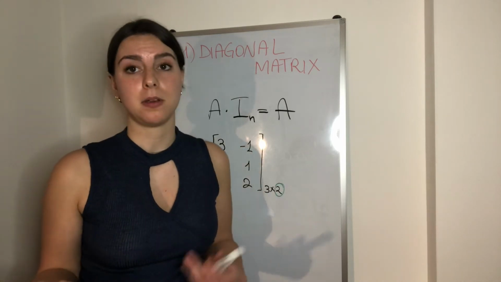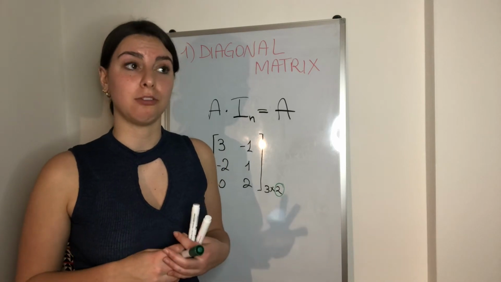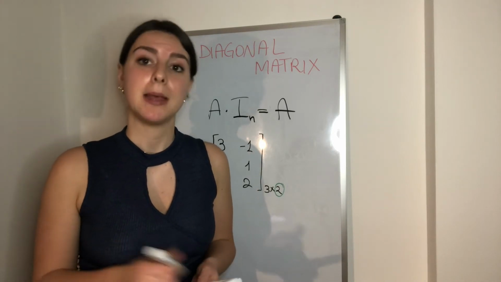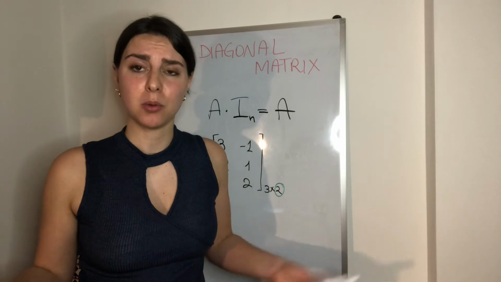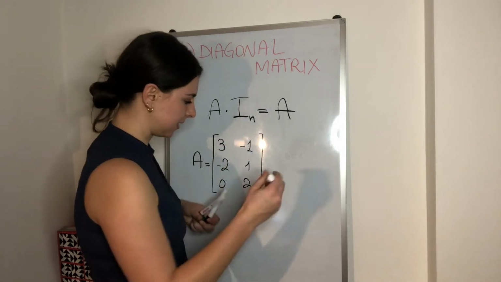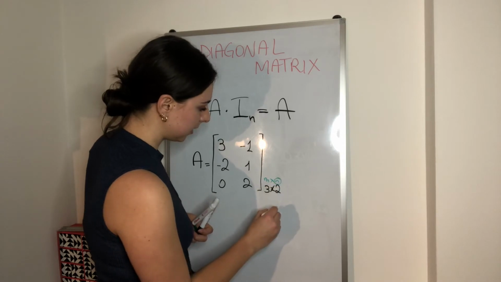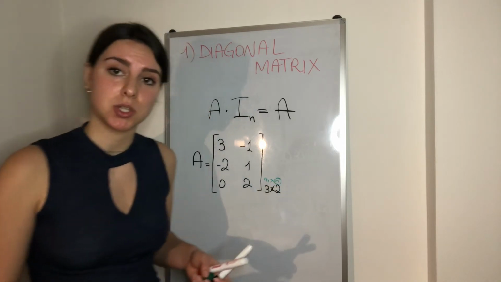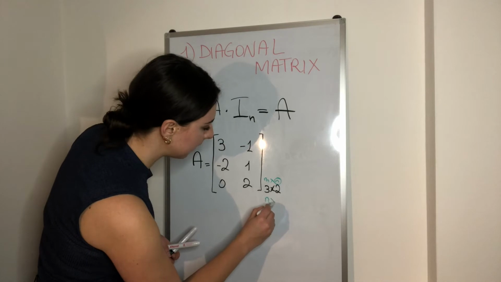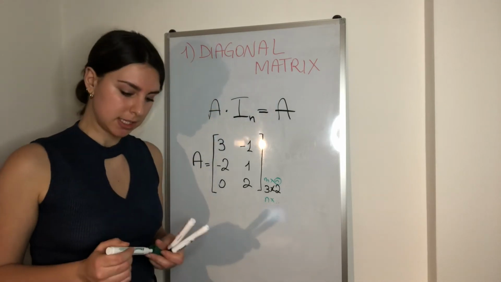If you remember the rule of row by column multiplication, then you should know that if this is our m by n, the second matrix should be an n by something, right?